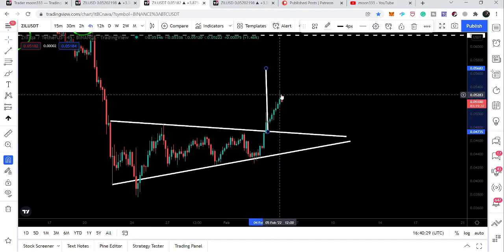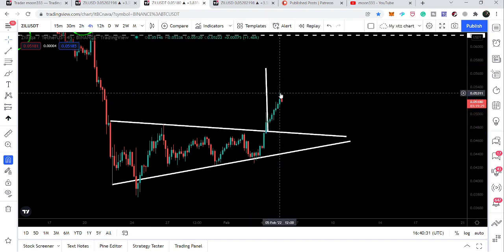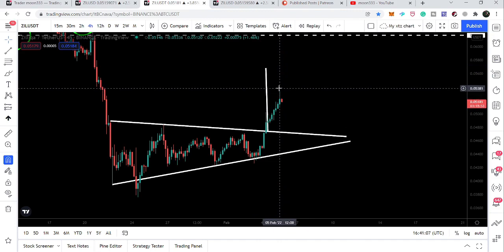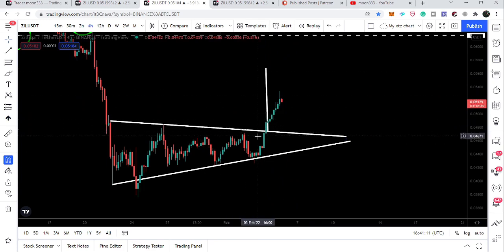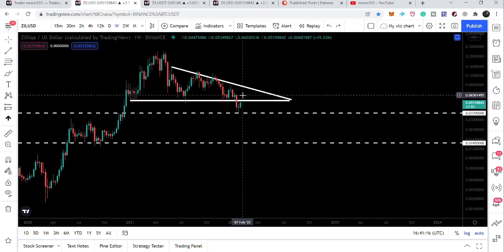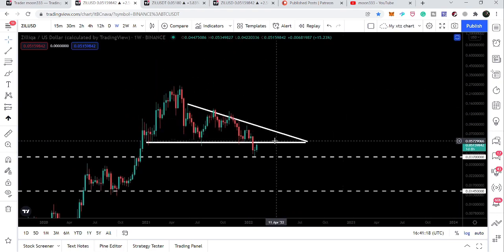And so far we have rallied up to 5.336 cents. And this was a move I was telling you in my previous video that can push the price line after this breakout. We can expect that the price line will try to break out this previous support of the big triangle as a resistance.